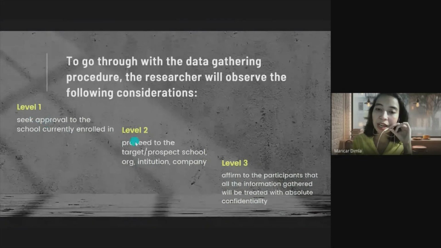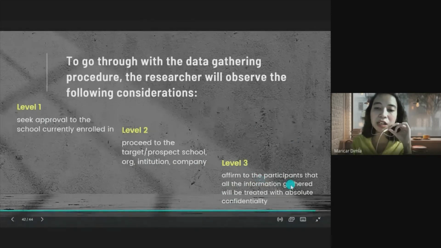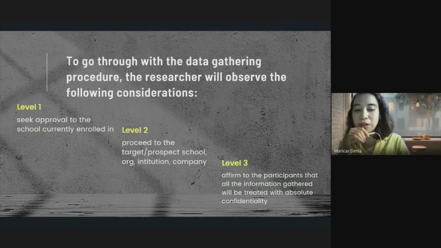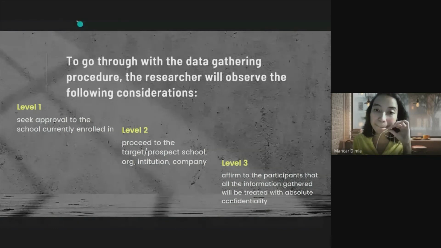Okay? And then on level 3 class, you need to affirm to clear out with your participants that all the information gathered will be treated with absolute confidentiality. That no matter what happens, hindi nyo i-disclose kahit kanino yung collected data nyo from them.